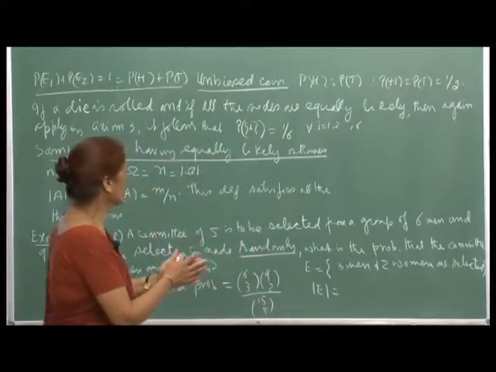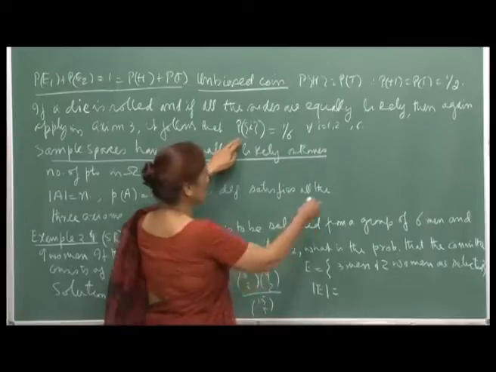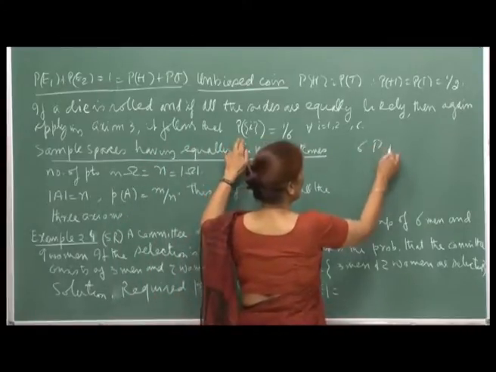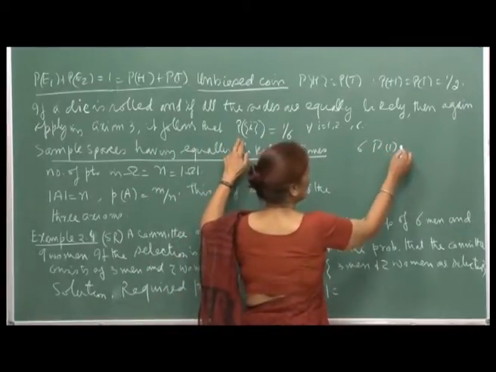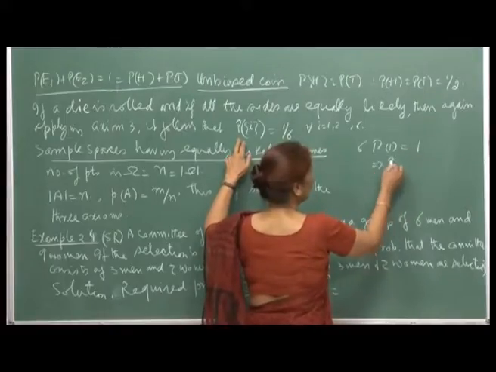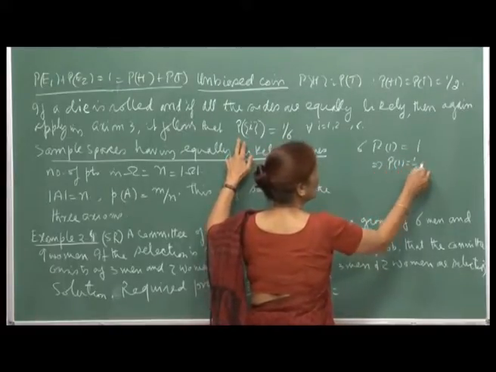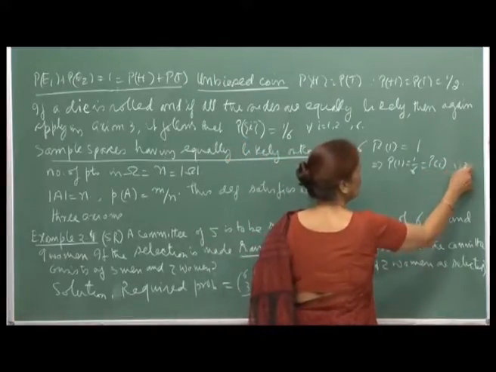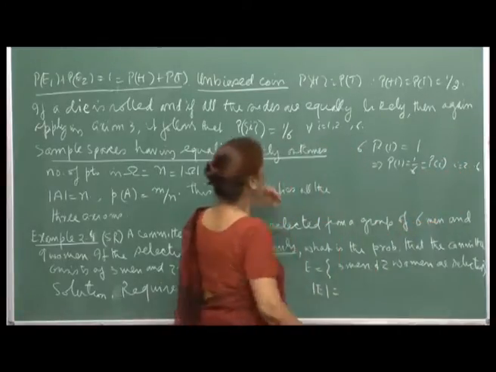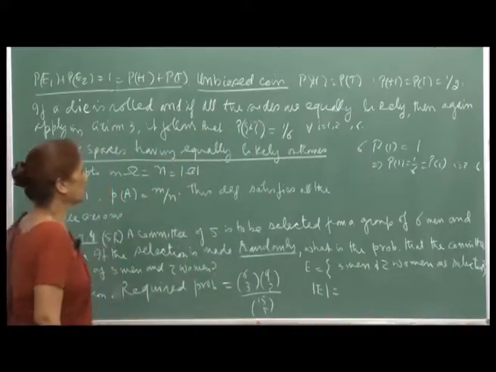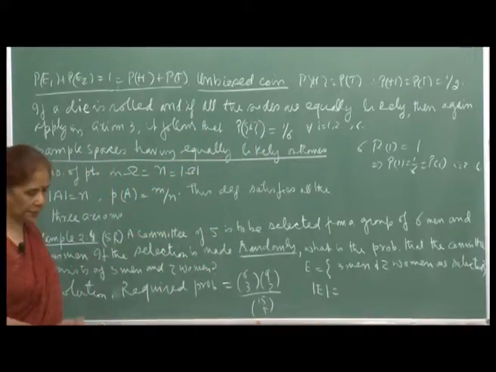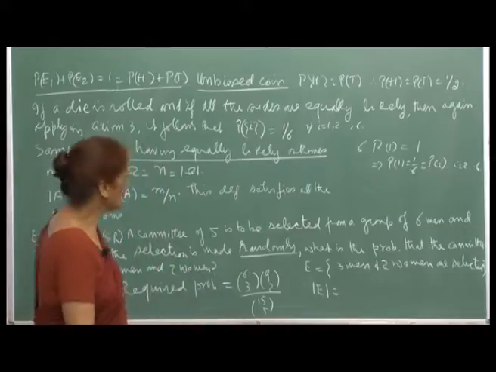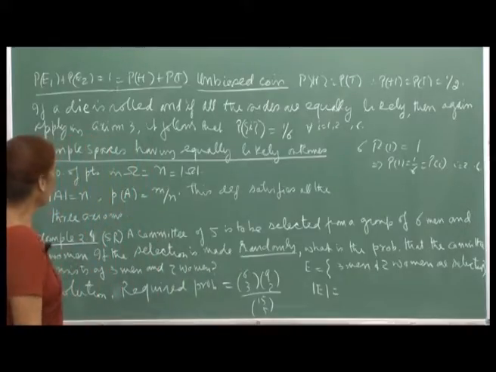So, essentially 6 times any of them is equal to 1, which implies that P1 is 1 by 6, which is equal to all the others, for I varying from 2 to 6. So, we conclude that the probability of each face showing up is the same, which is 1 by 6.